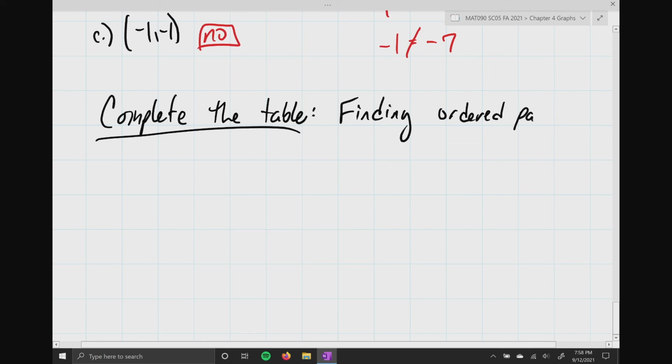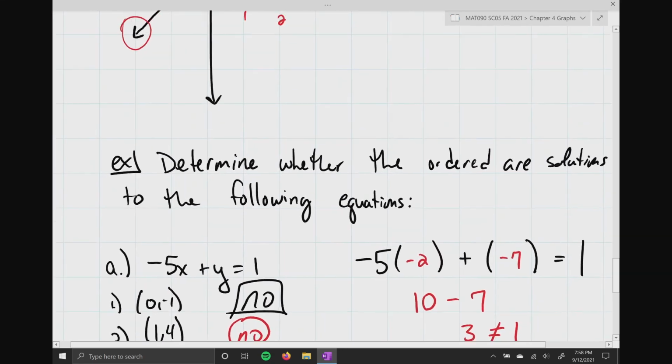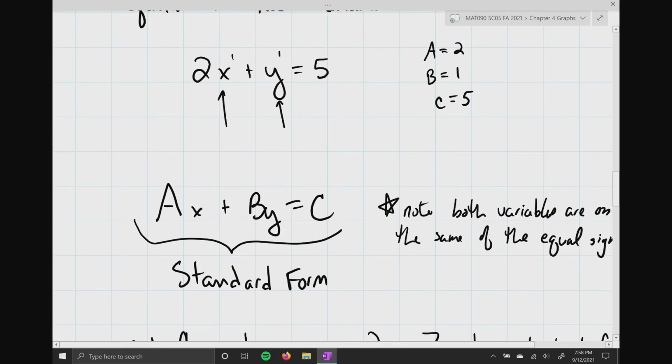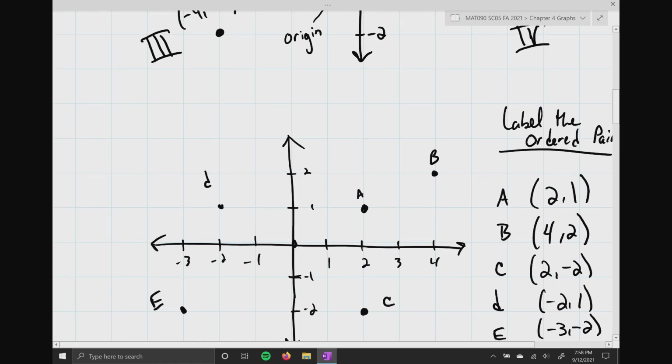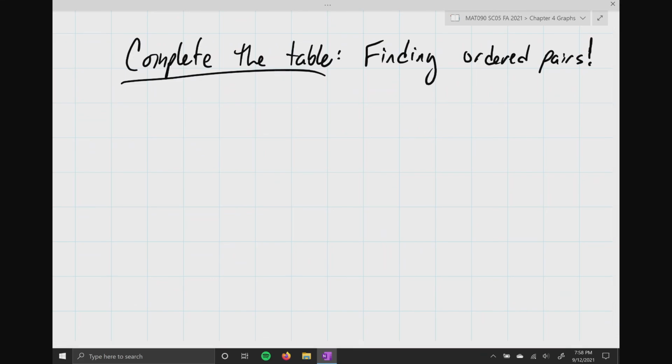If you've noticed, everything that I've given you so far, even in your notes, I've always given you the ordered pair, and I said, hey, is this a solution or not? Or, graph this ordered pair on the rectangular coordinate system. Notice I always gave you the ordered pair, though. When we complete a table, what we're trying to do is find the ordered pairs.